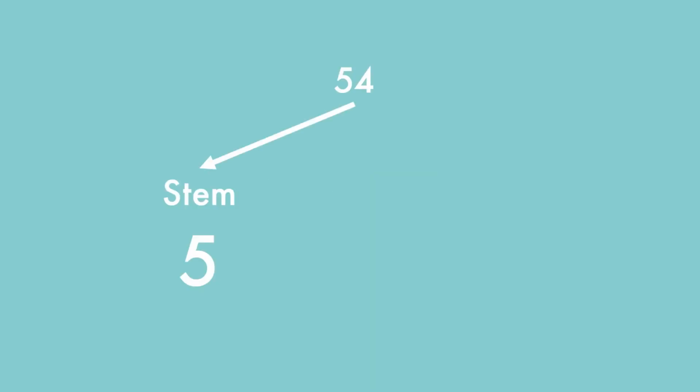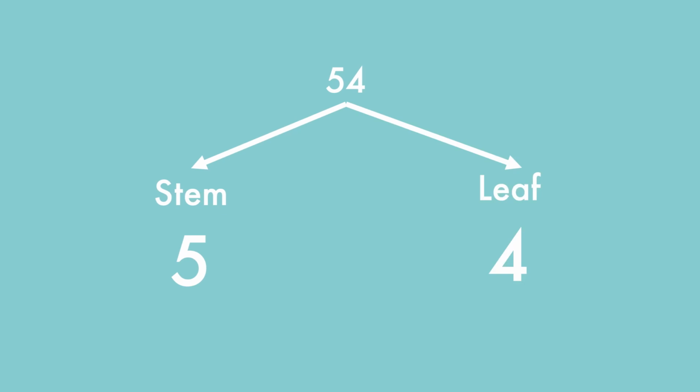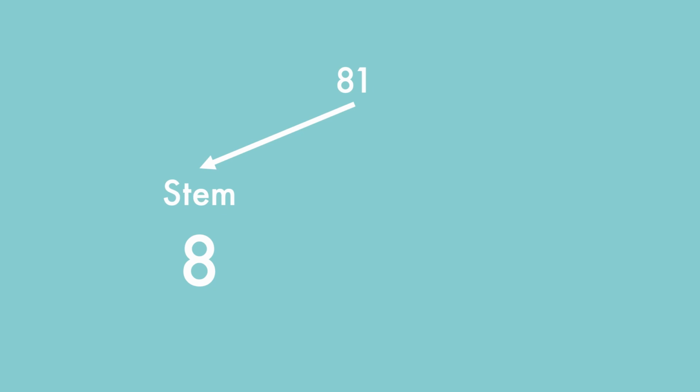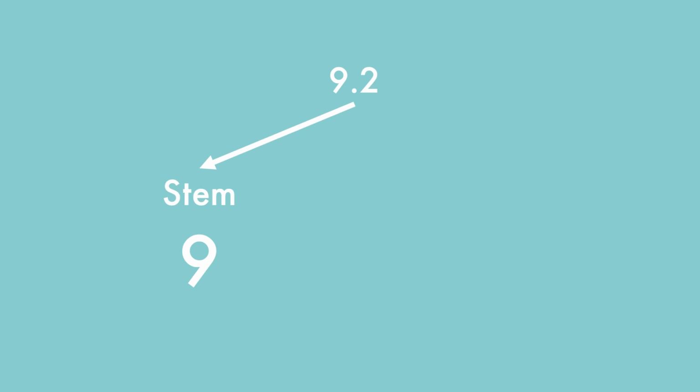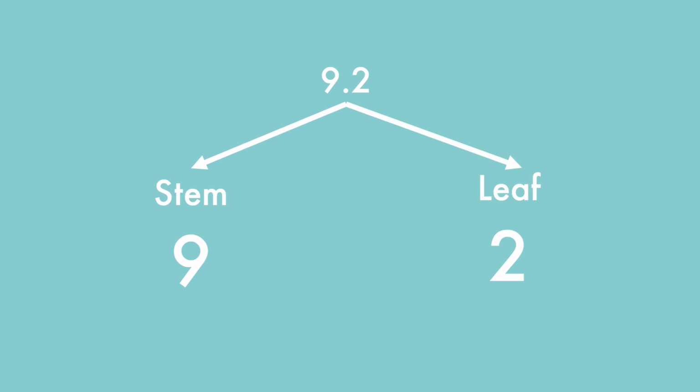For example, you could divide the number 54 into a stem of 5 and a leaf of 4. The number 81 could have a stem of 8 and a leaf of 1. In another dataset with decimals, the number 9.2 could have a stem of 9 and a leaf of 2.